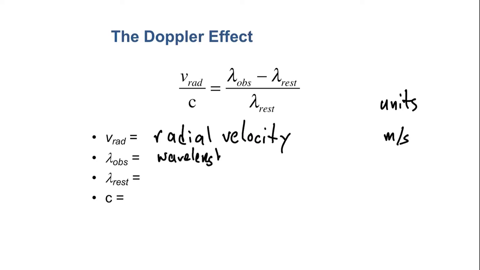Okay, lambda obs is the wavelength of some feature observed in the object. This typically is nanometers, but any length distance will do. Lambda rest is the wavelength that you expect that feature to be at if the object were at rest relative to you.